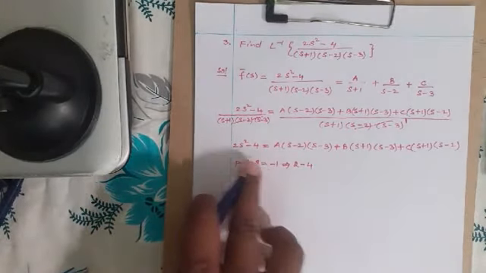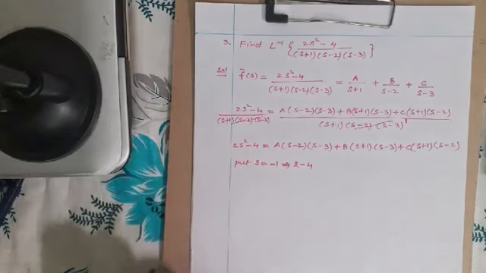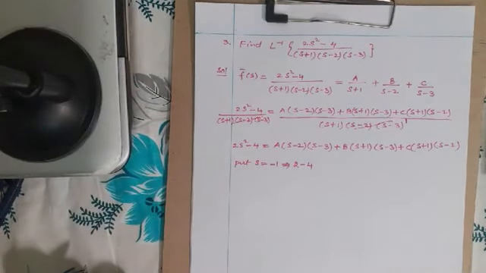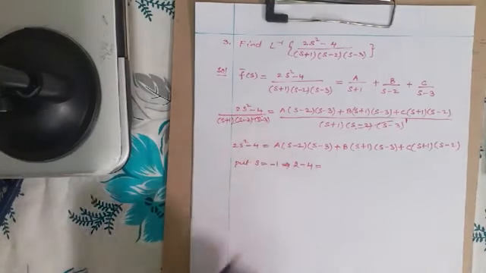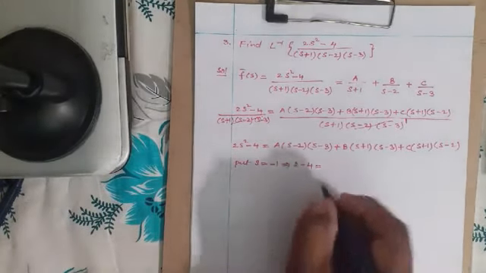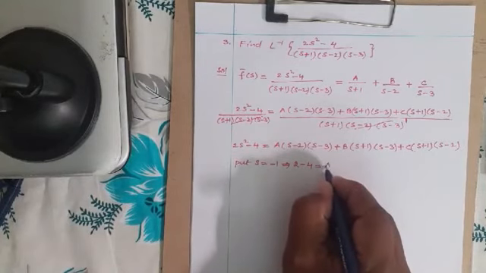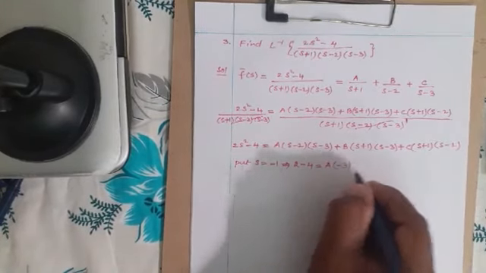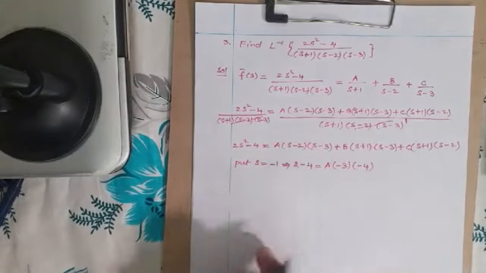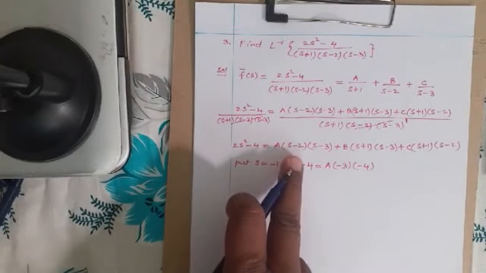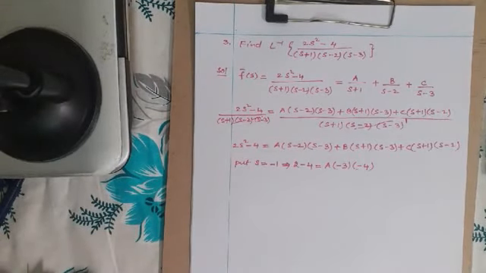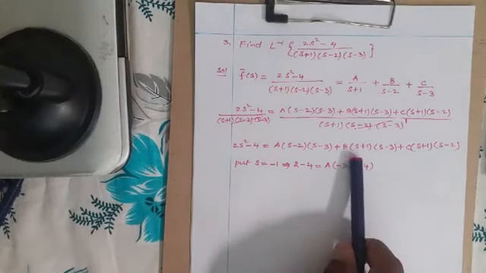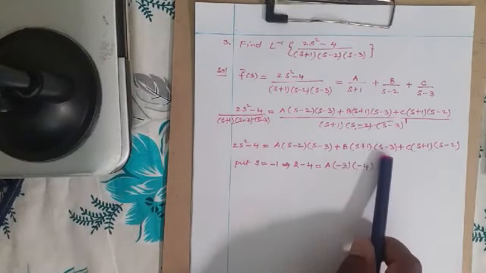When you apply minus 1 in s, you get 2 into minus 1 whole square, that becomes 2 into 1, that is 2, minus 4 is equal to, when you apply minus 1 in the place of s, A into minus 3 into minus 4, because minus 1 minus 2 is minus 3, minus 1 minus 3 is minus 4, then plus B into minus 1 plus 1 is 0, and 0 into something is 0.